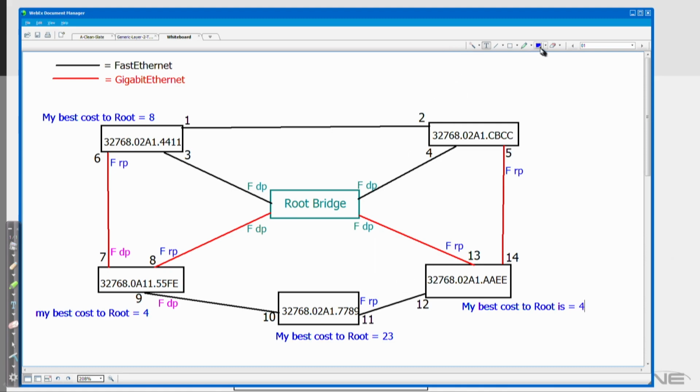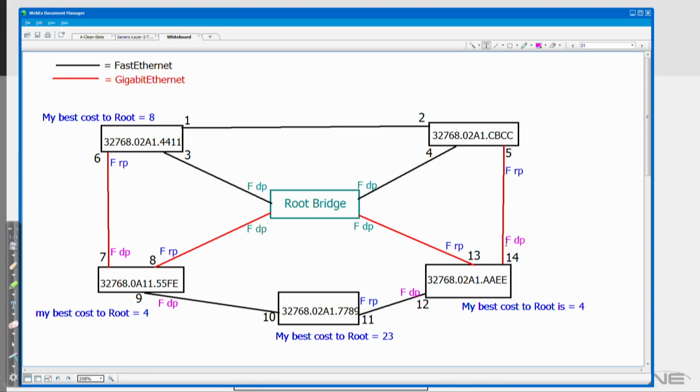So if we take a look at this, if we had just used my cheat sheet method, we would have said, okay, Keith told me that whenever there's a root port on one side, the other side has to be a designated port. And now you can understand why. Because this port here is closer to the root bridge than this port. Same thing, between these two cables, we know that port 14 is going to be our designated port.